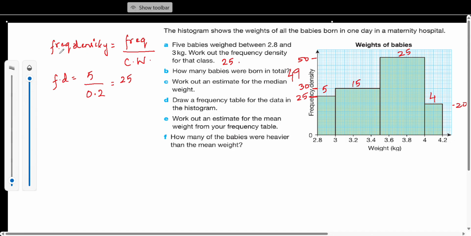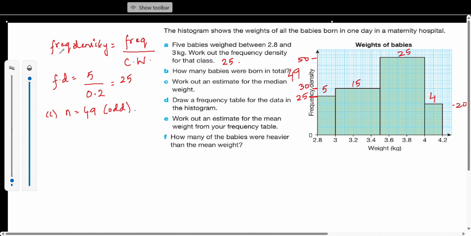Part C asks us to estimate the median weight. When we have tabular data, there are several steps to follow to find the median. Now, from a histogram, how will we do it? For a median, the total frequency here is 49. We just found out that 49 babies were born. 49 is an odd number.